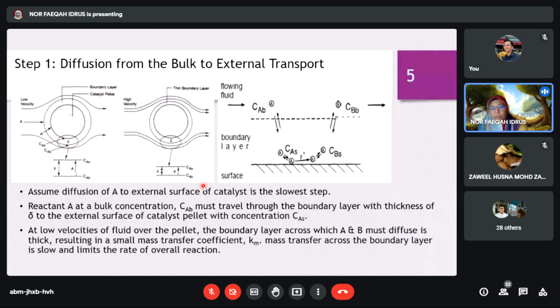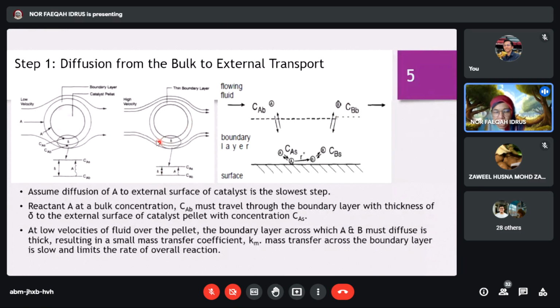So the travel time required is smaller, and then the mass transfer ataupun the transportation of reactant A is much faster when the bulk fluid velocity is high, because the boundary layer thickness dah jadi thin layer.